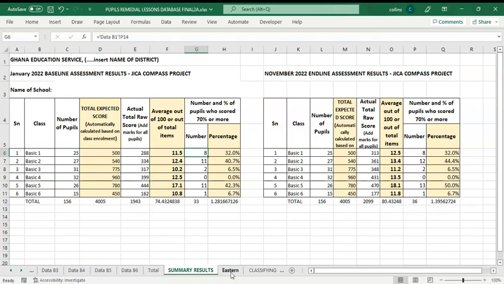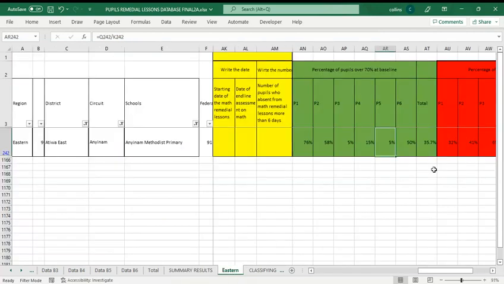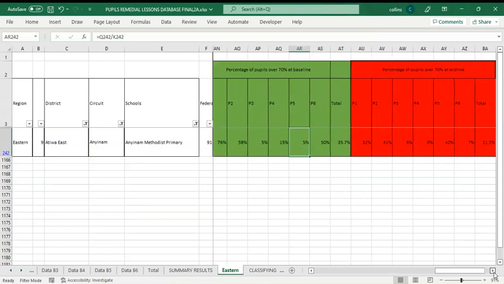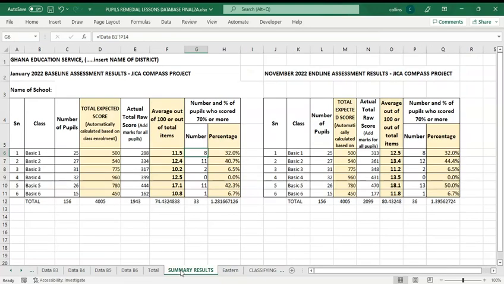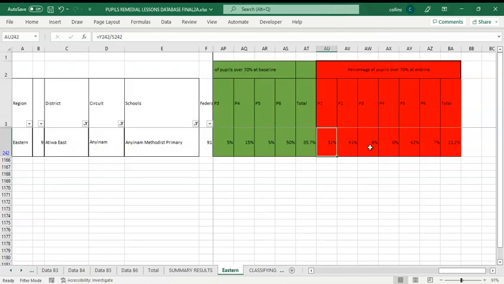All right. So at the red, remember this is baseline, so it has already been computed, and this is the endline. Okay, right? So when you are done with this, the information from here, 32 up to 21.2% should reflect here, 32 up to 6% percentage should be the same as what is here.